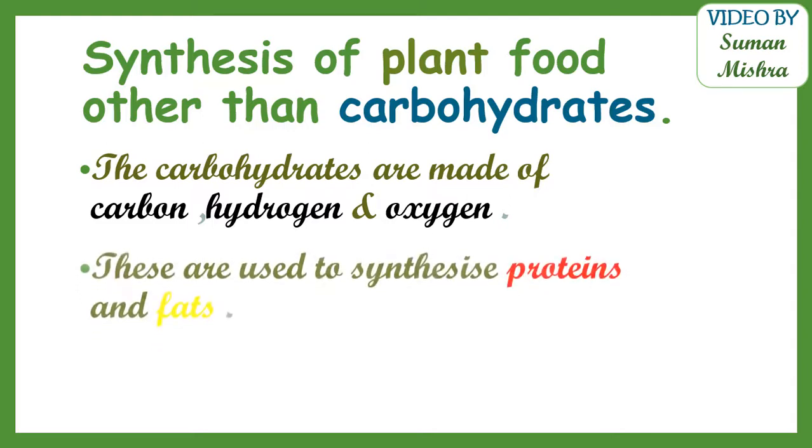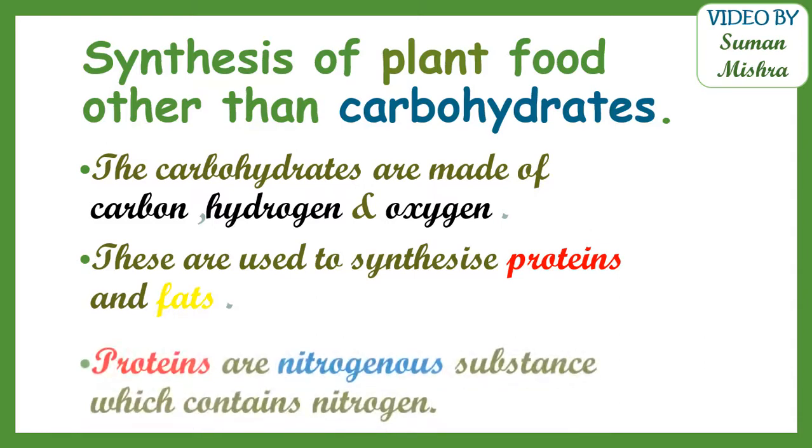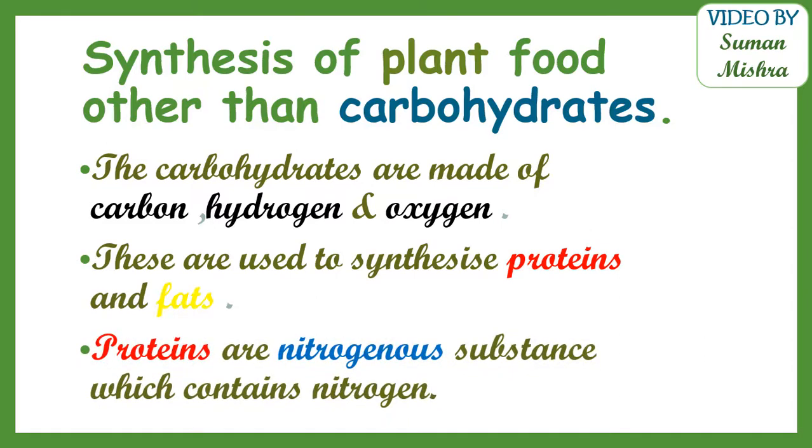These are used to synthesize proteins and fats. If we don't have carbohydrates, there will be no synthesis of proteins and fats at all. Proteins are nitrogenous substances which contain nitrogen in them.